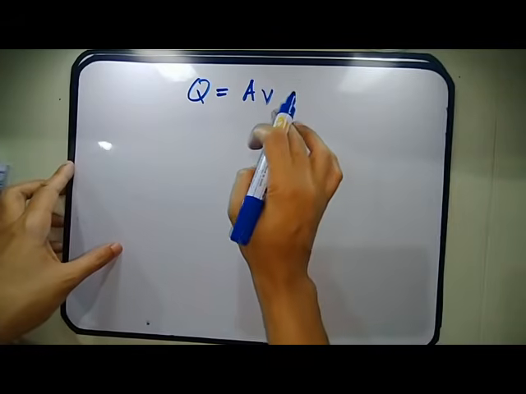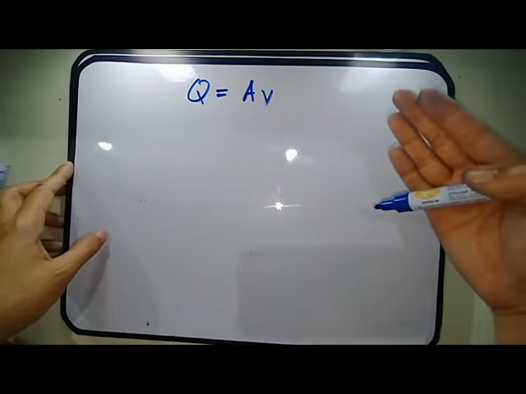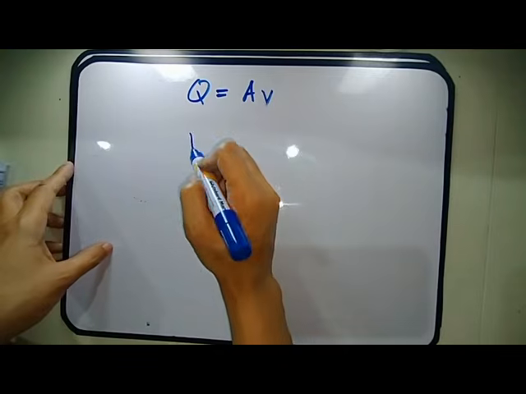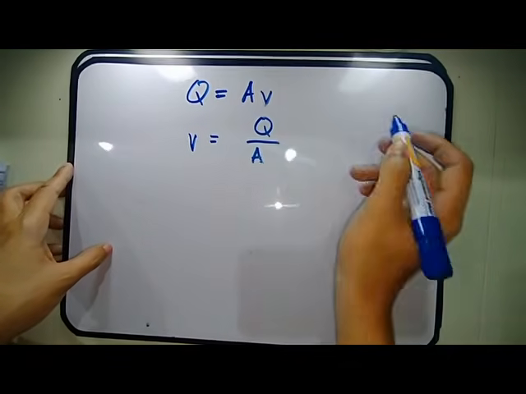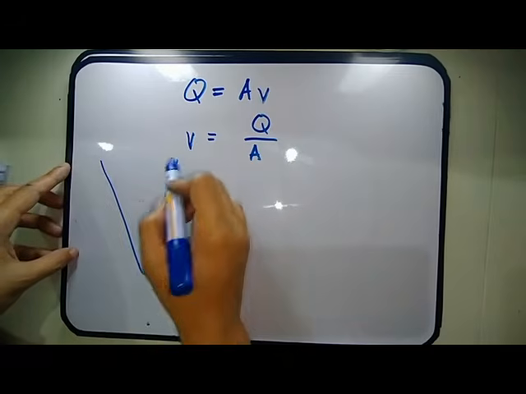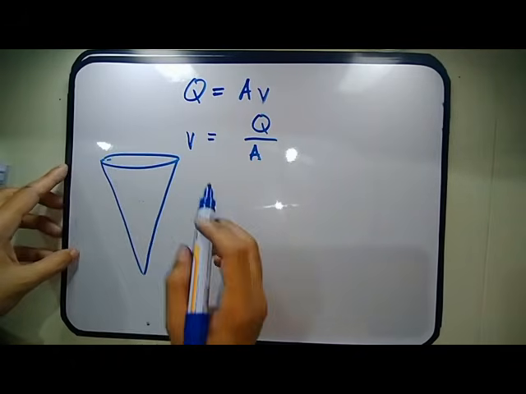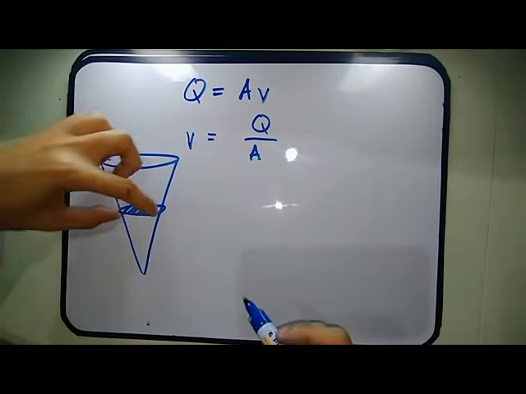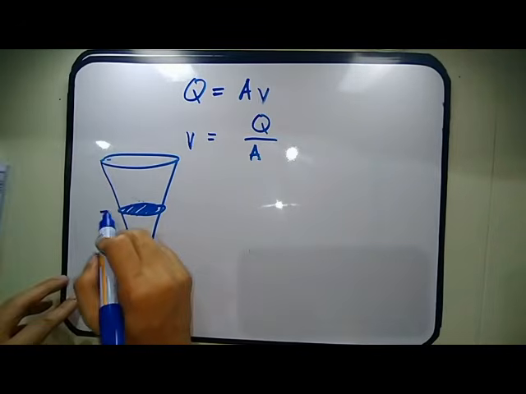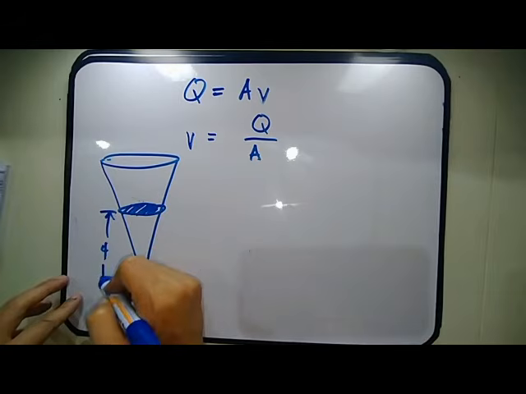Your velocity here corresponds to your height with respect to time. So V is actually equal to Q over A. What is the area? What is the area of the cone opening, the circle area at height equal to 4?